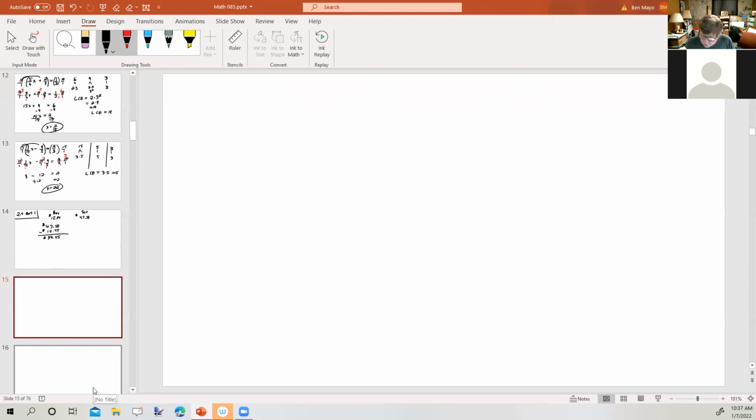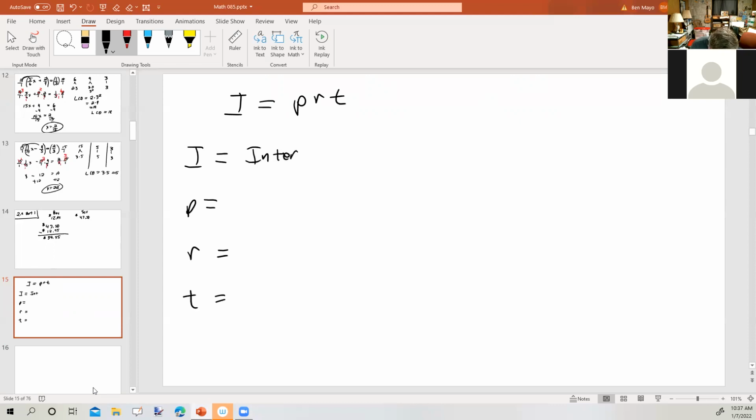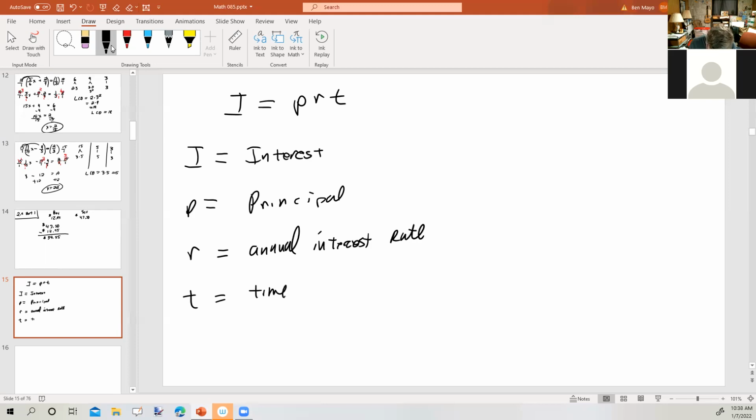Since we're dealing with simple interest here, we'll use the simple interest formula, which is I equals PRT, where I is the interest earned, P is the principal, that is the amount invested, R is the annual interest rate, and T is time in years.